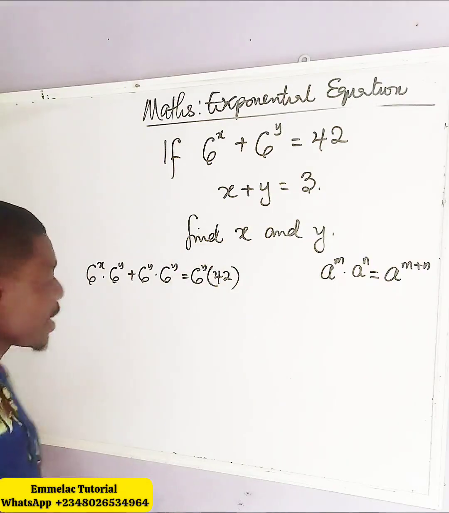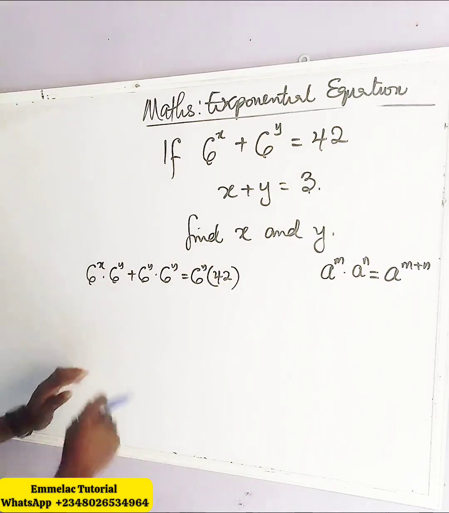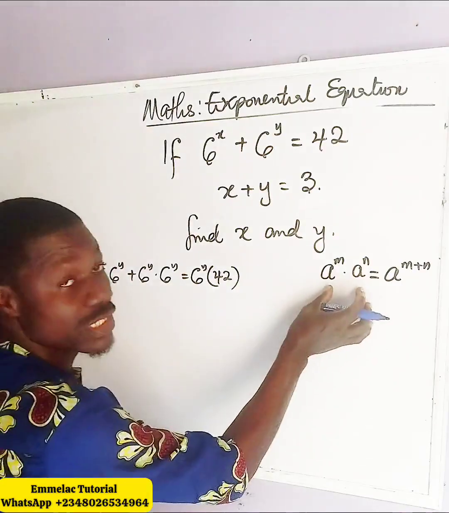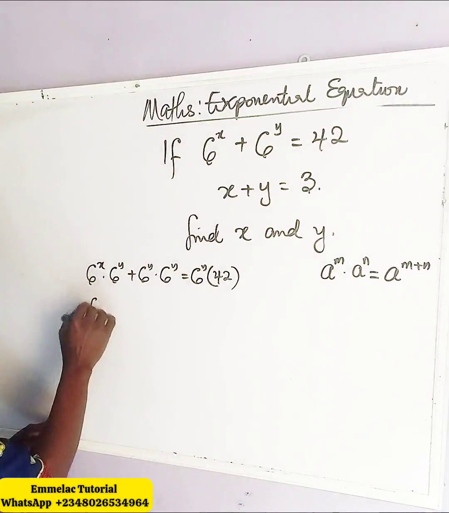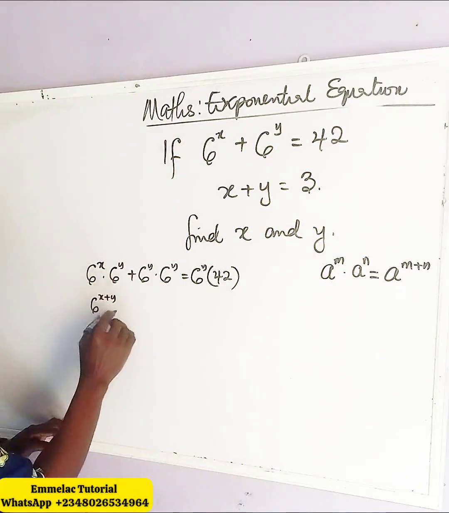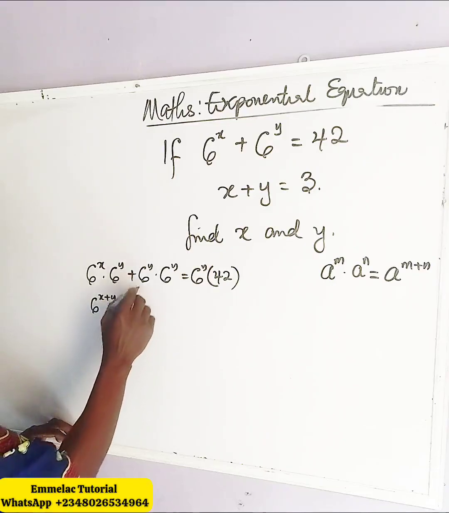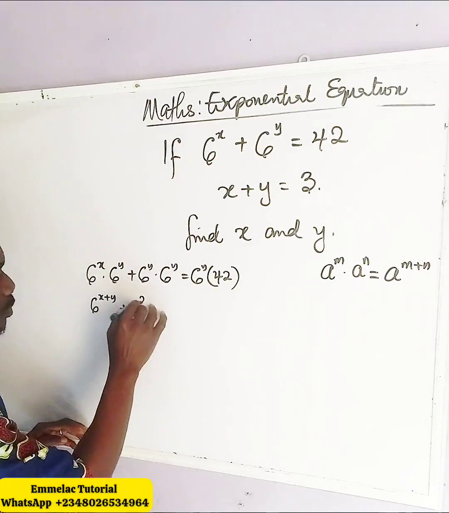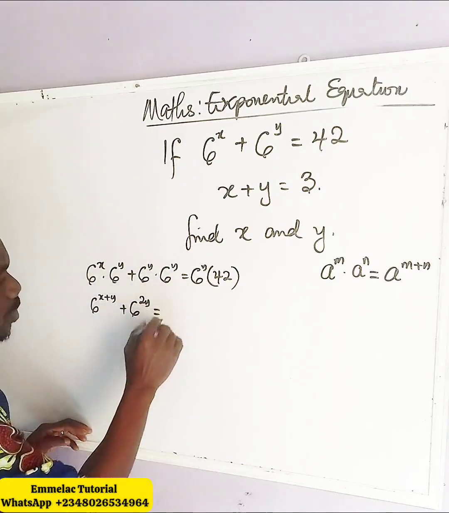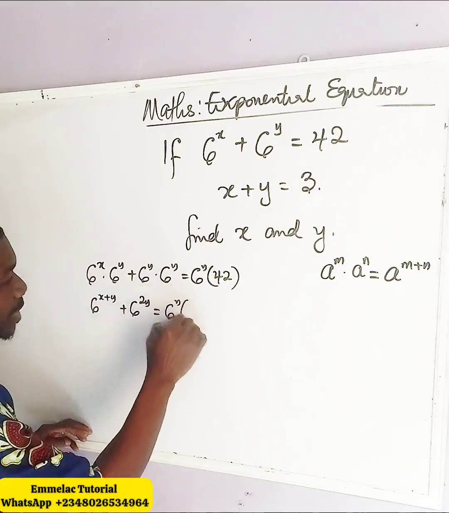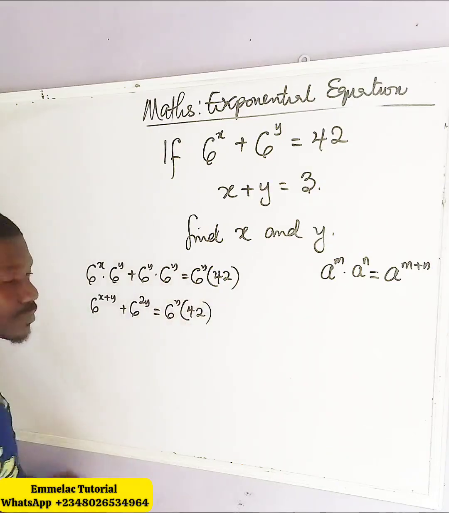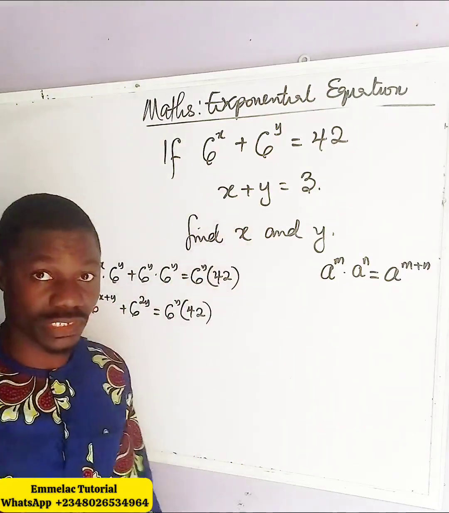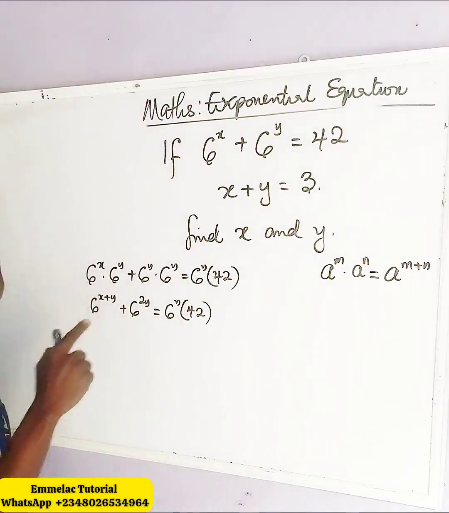Applying the law of indices, since we have the same base, we can add the exponents. So here we have 6 raised to the power of x plus y, plus 6 raised to the power of, y plus y will give us 2y, then equals 6 raised to the power of y times 42. Since we are given that x plus y equals 3, we can replace x plus y with 3.